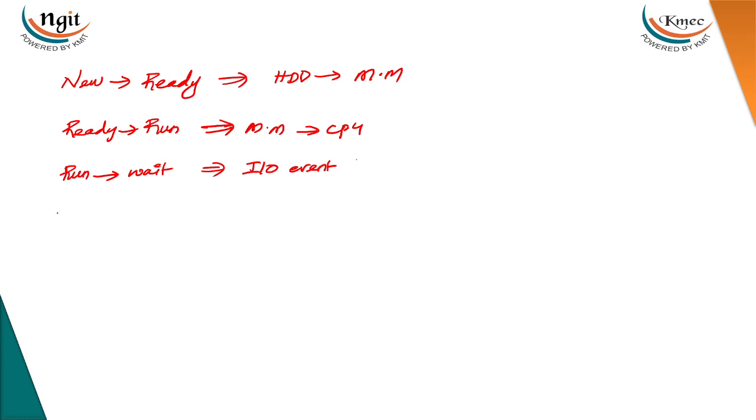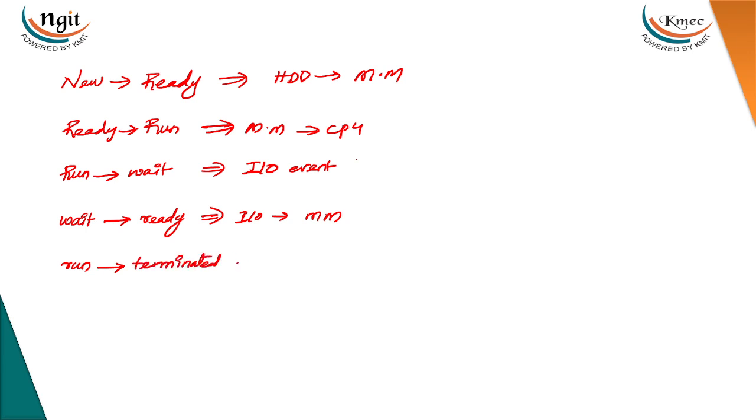After completing all the IO events, the process will change from waiting to ready state, that is, from the IO device to main memory. Then, if all the instructions are completed, the process will change from running to terminated.